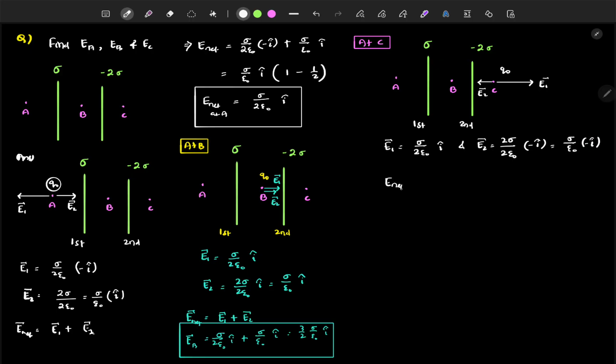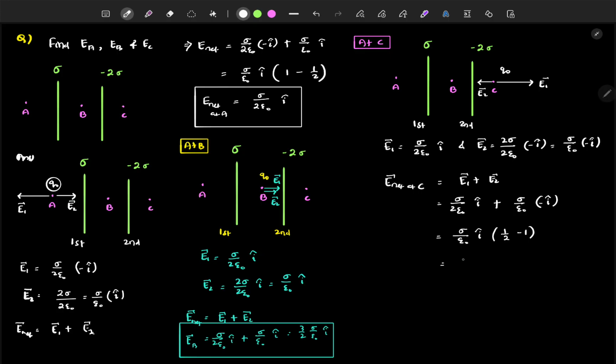So E net vector at C is E1 vector plus E2 vector, that is sigma by 2 epsilon naught i cap plus sigma by epsilon naught minus i cap. Taking sigma by epsilon naught i cap common, we get 1/2 minus 1, that is minus 1/2.